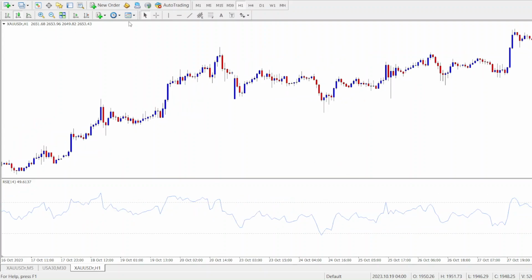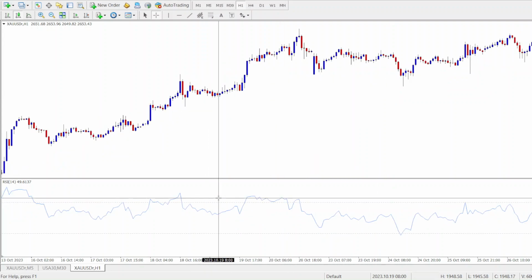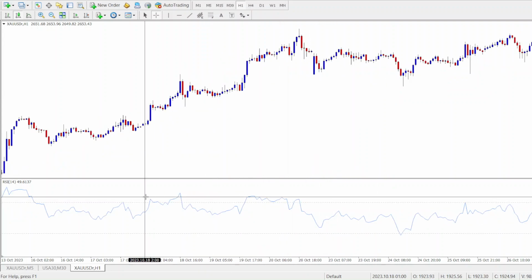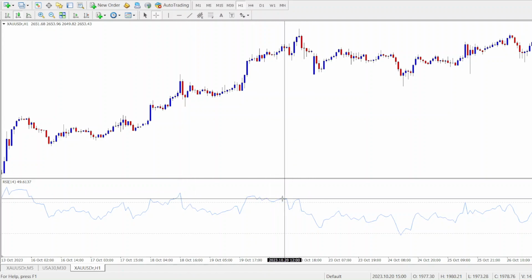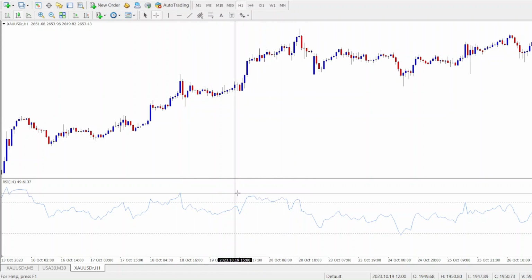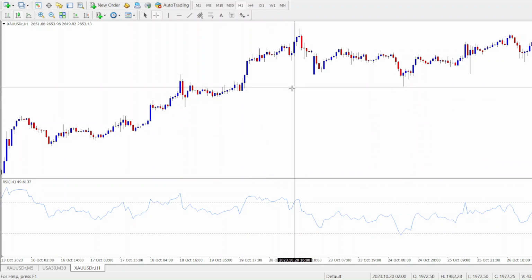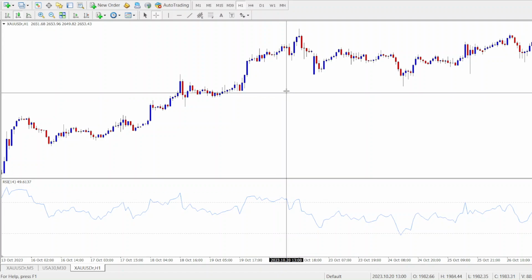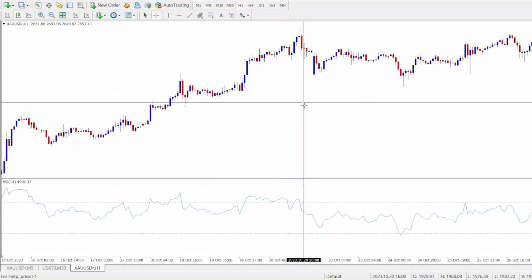As we can see, the RSI ranges from 0 to 100. An RSI level above 70 typically indicates that an asset is overbought, suggesting a potential price correction. So these periods when the RSI was above the 70 mark, it indicated that the price of the asset was possibly preparing to reverse its bullish move.